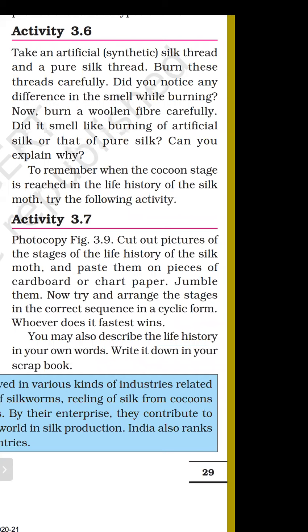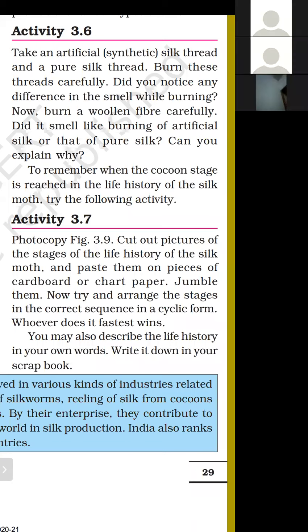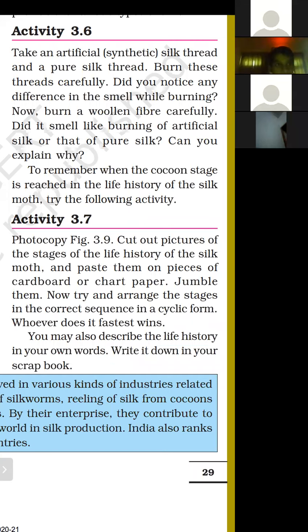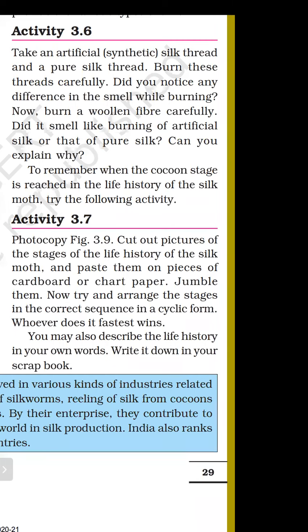Synthetic fiber will burn with a smell as it is coming from plastic. When we are burning plastic, there is a smell. And from the artificial fiber, the same smell will come as coming from the burning plastic. But when pure silk will burn, it will produce the smell of burning hair.